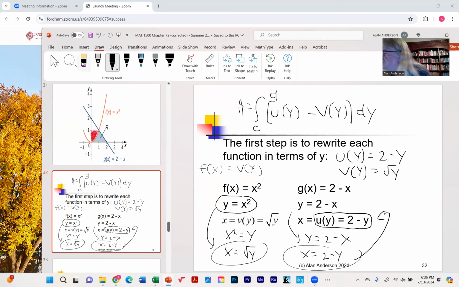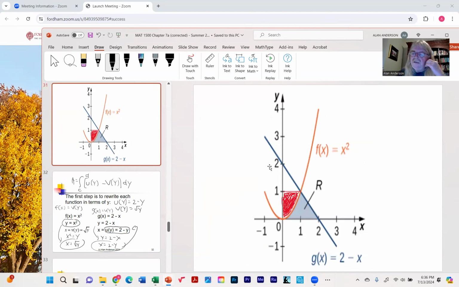And the second function, g of x, will become u of y. So, to a certain degree, it's arbitrary which is which, but what we're after is this.